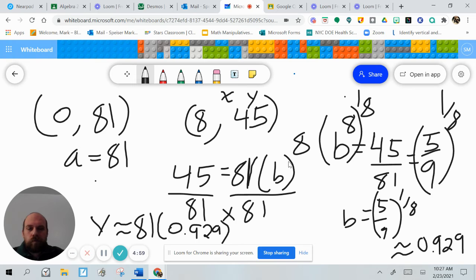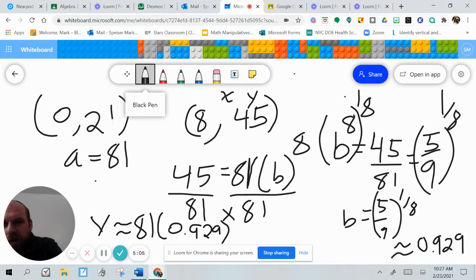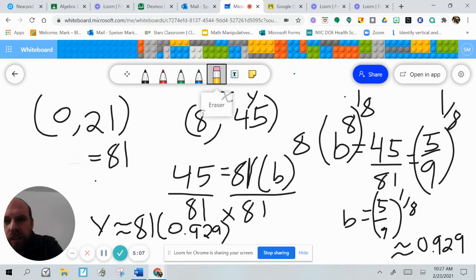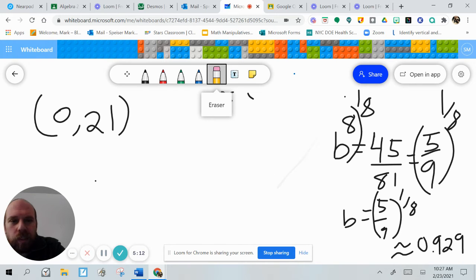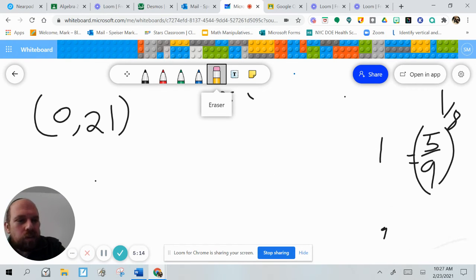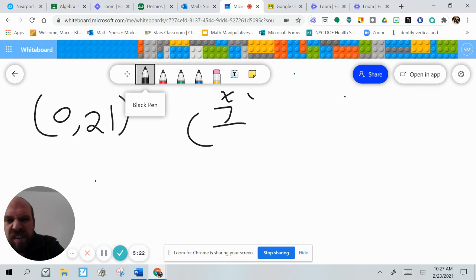Okay, one more example. So let's say our starting point was (0, 21). And we were given as our next point (7/5, 100).